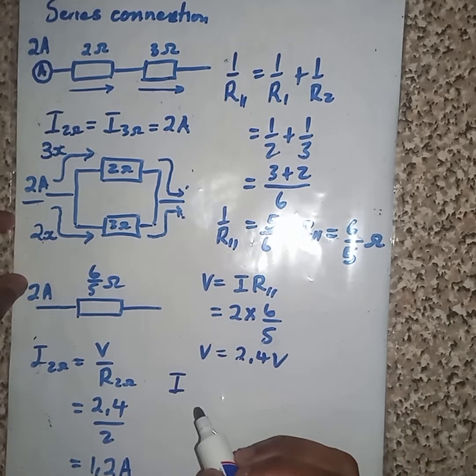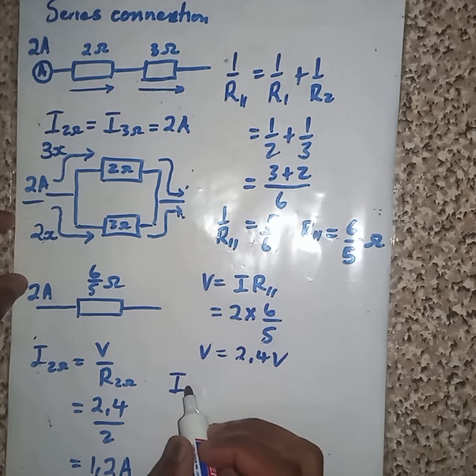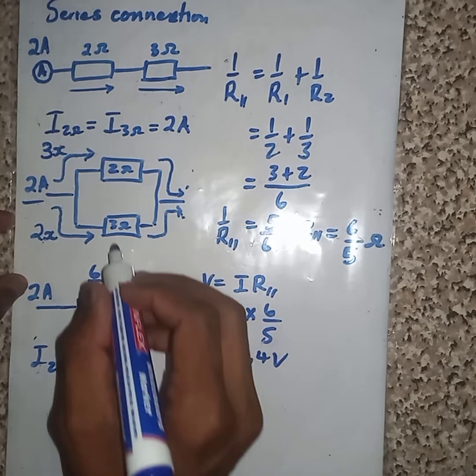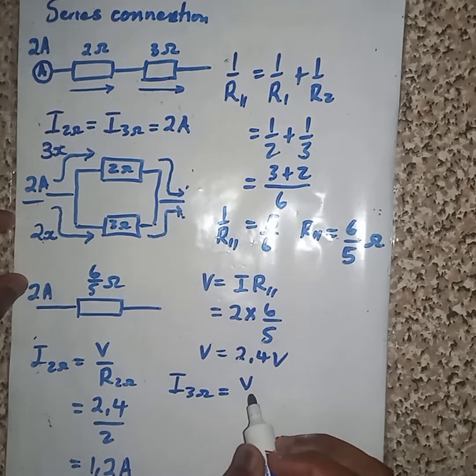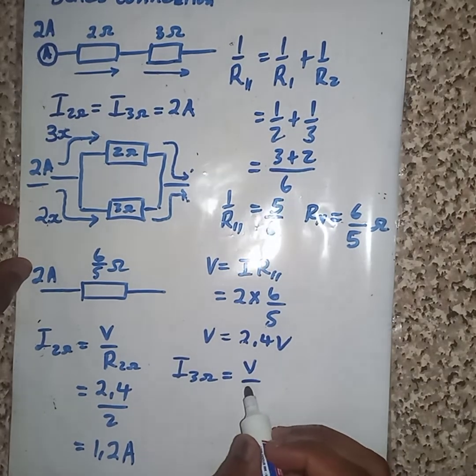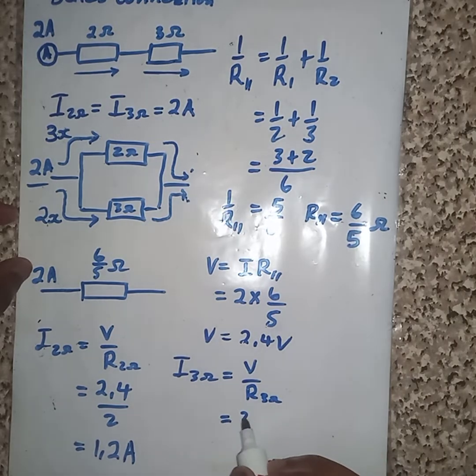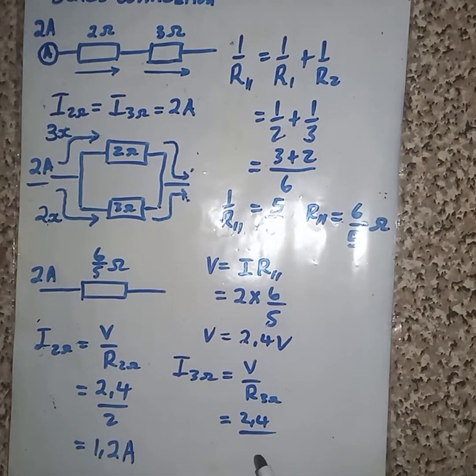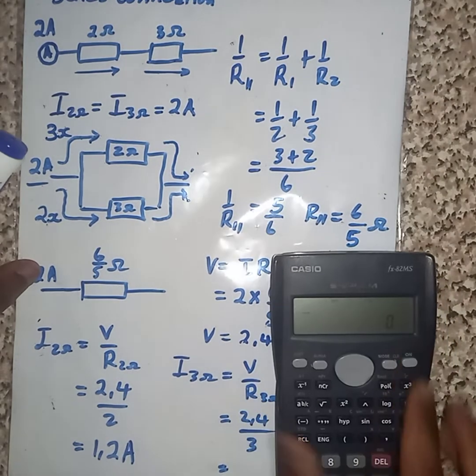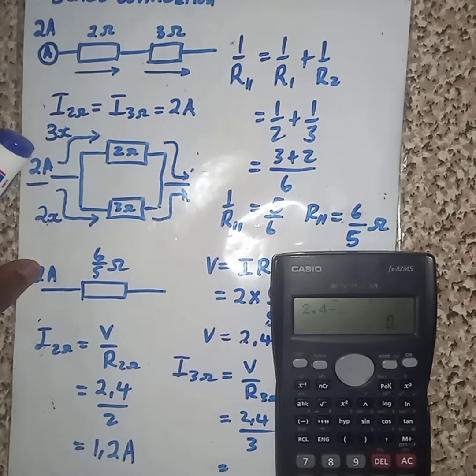Then we also do like this for us to find that of this one. I of 3 ohm is going to be 2.4 divided by 3.